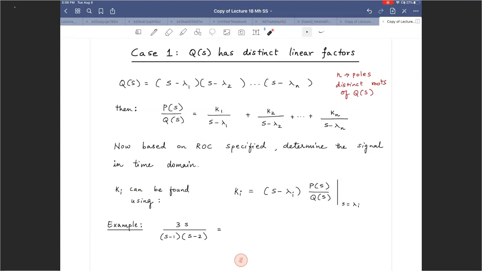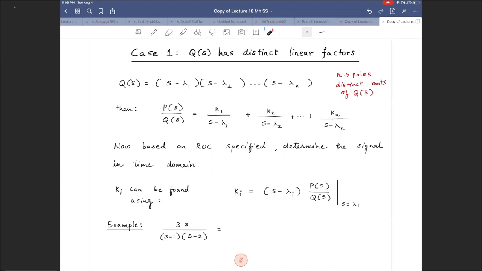Now k sub i, any numerator constant over here, can be found using this identity. k sub i equals s minus lambda sub i, that particular distinct root, multiplied by F of s, which is P of s divided by Q of s, evaluated at s equals lambda sub i. Now let's take a look at this example here.